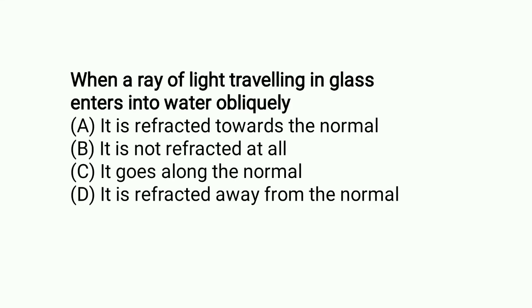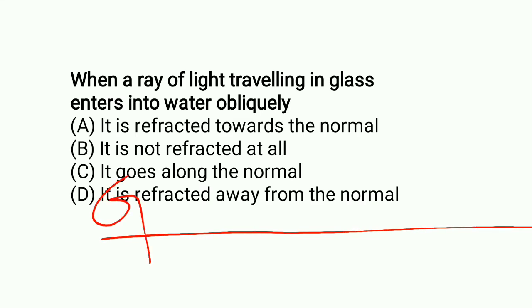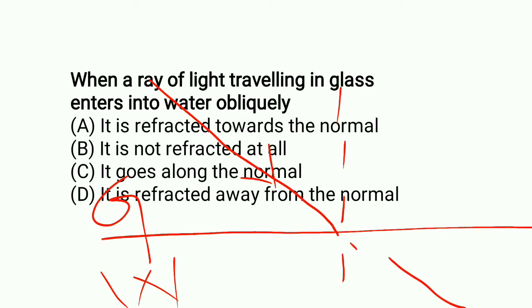Next question. When a ray of light traveling in glass enters into water obliquely, what happens? Let us consider two media: the ray of light is traveling from glass to water. This is the normal, and this is the actual path of the ray.